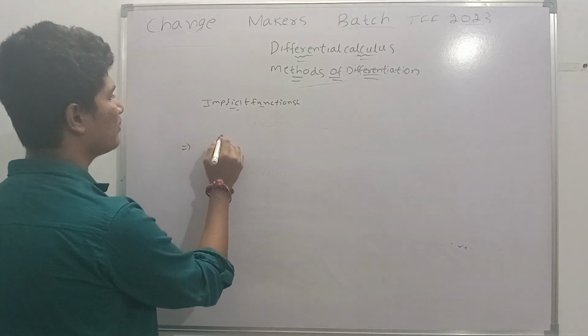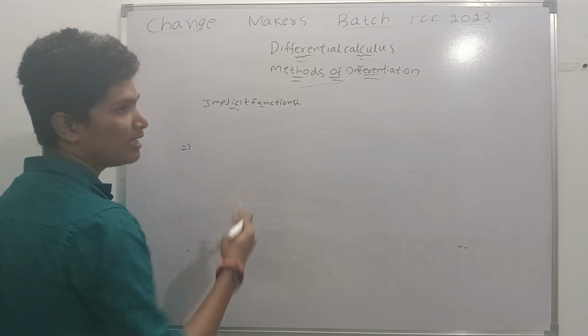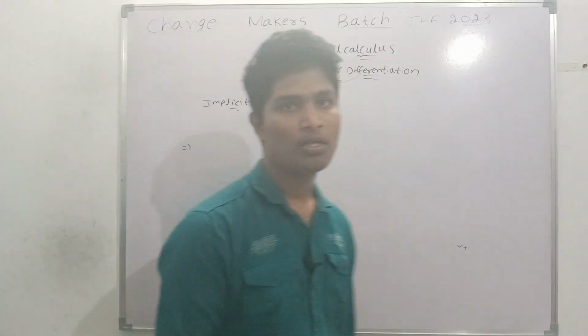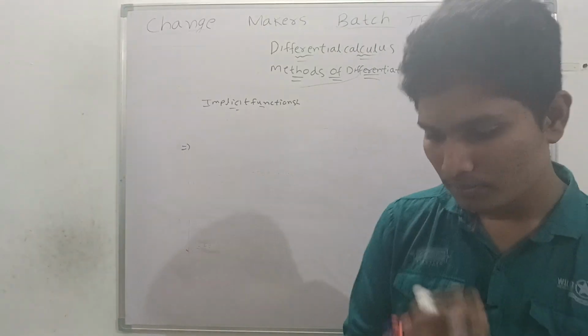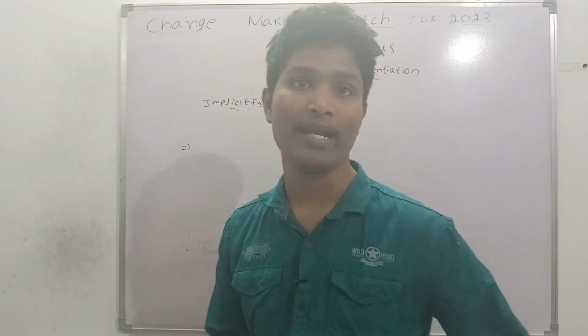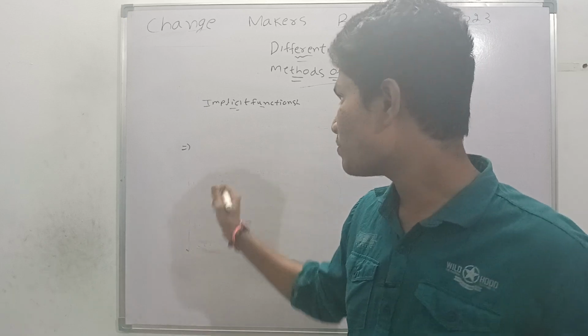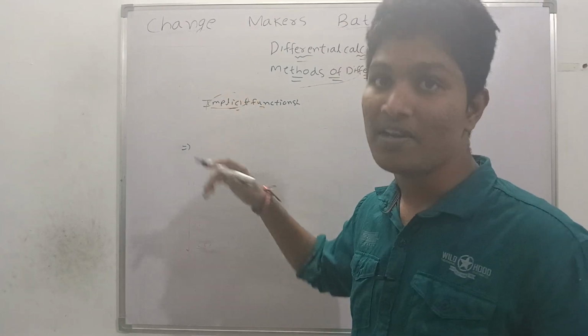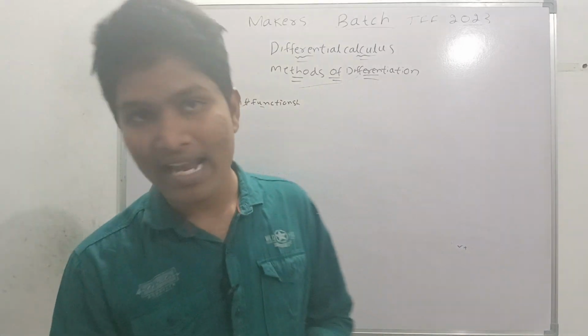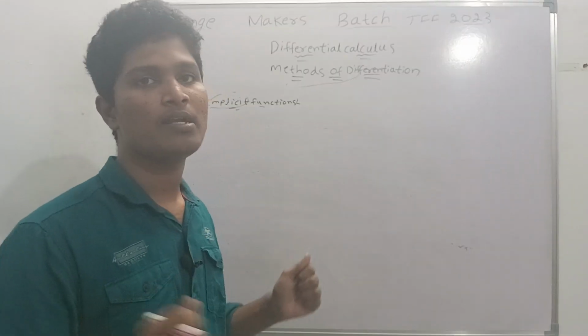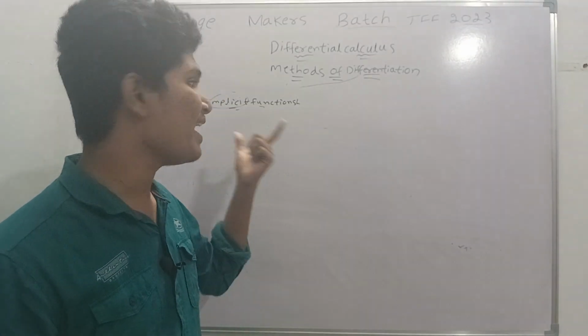There are two things, implicit and explicit. When you cannot separate the x and y terms in an equation, that is said to be an implicit function. And when you are able to separate the variables in an equation, that is said to be an explicit function.